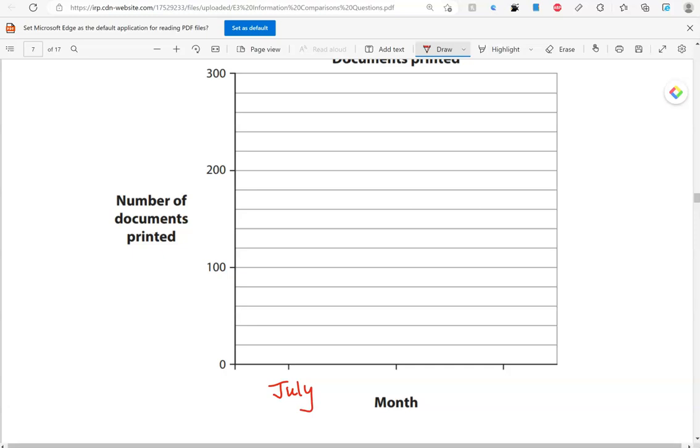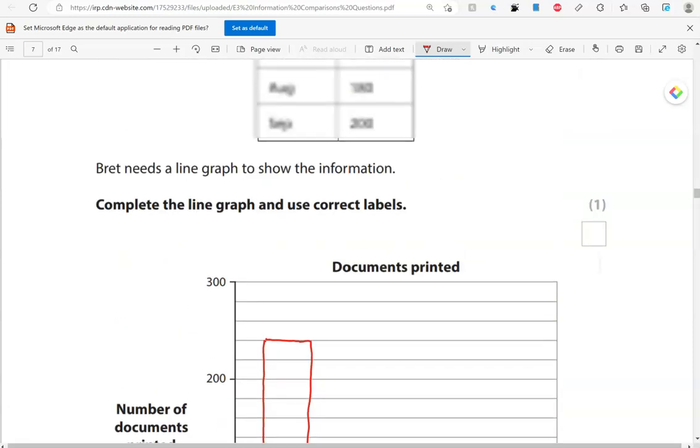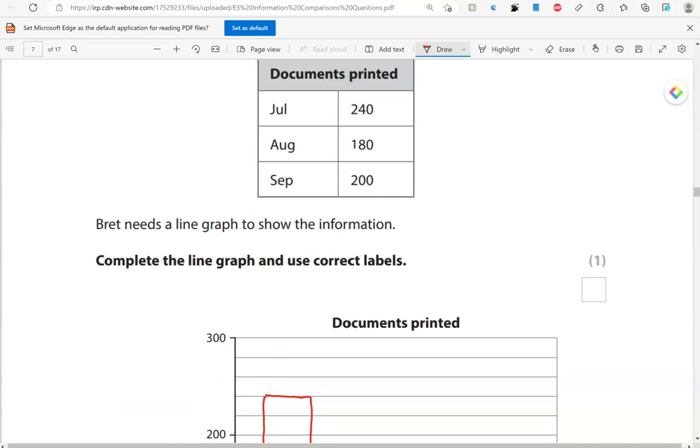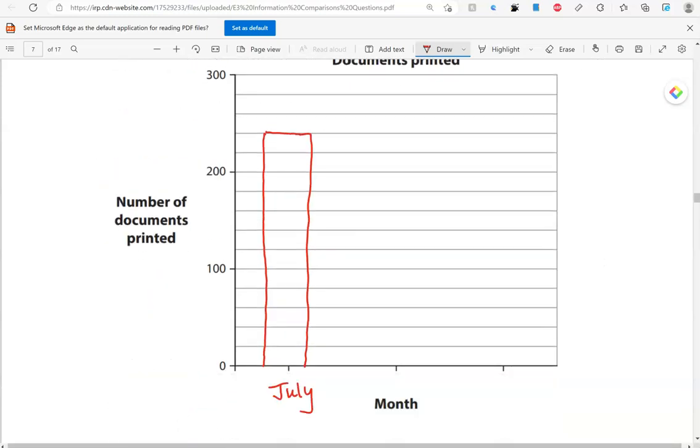So there is 200, 220, 240 is here. August was 180. So we're going up to this point.